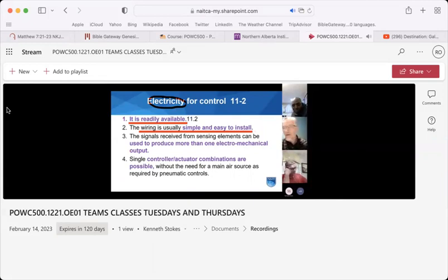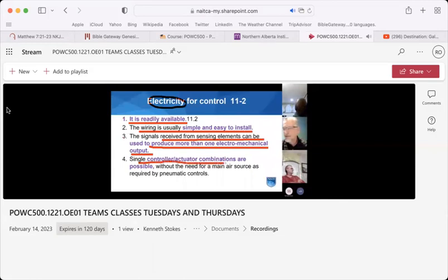Pneumatic is kind of old school for industry. Signals received from sensing elements can be used to produce more than one output, so signals might have to go to multiple places. It's relatively easy to make a multiple output: you simply parallel an electrical output and supply that signal to many places.